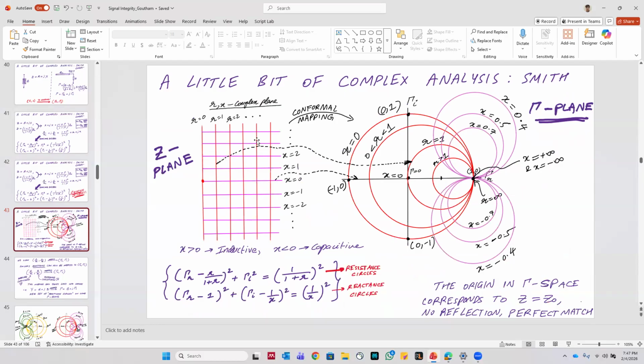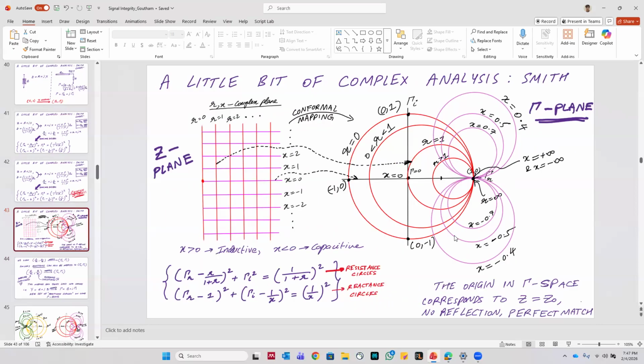Similarly, the same kind of transformation holds for the X's. X equals 0 becomes the horizontal axis itself, and X equals infinity becomes the point here, and anything in between. For example, you see how X equals 0.7 is here, X equals 0.5 is here, and so on. So these R and X lines are transformed into a bunch of R and X circles right here.